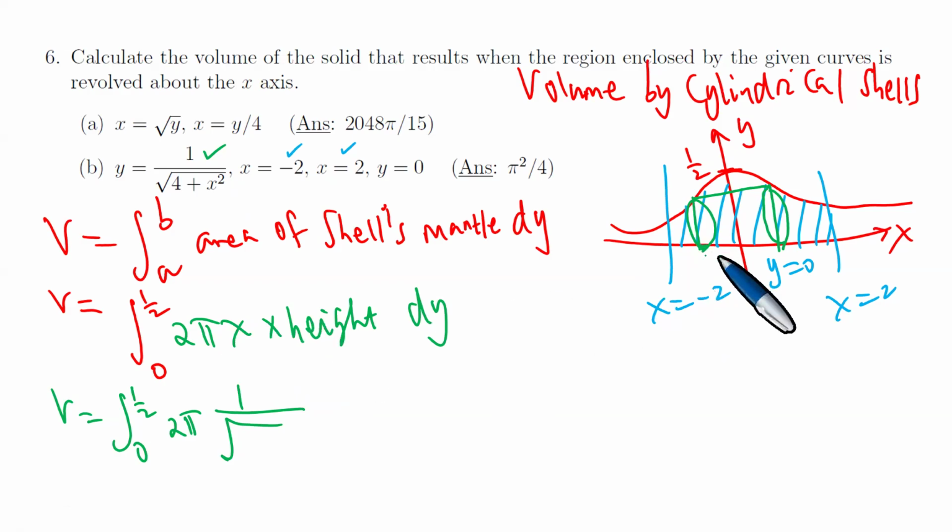Okay, let us analyze the shell here. So there can be some X value here, and there's going to be some X value there. So now this would be, for instance, the height. So the height is going to be in terms of the axis, and then the 2 pi r. So what would the radius be at this point?